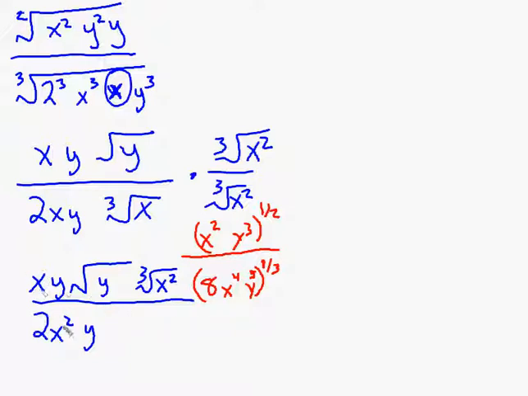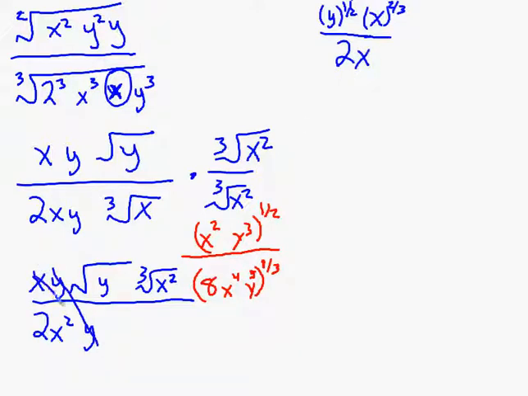And these are going to cancel, and those will cancel. So I'll come up here, and I'm going to switch that y to the 1/2, and this cube root x squared to this exponential form, so I can deal with it. Now I canceled one of these x's, and I canceled the y.